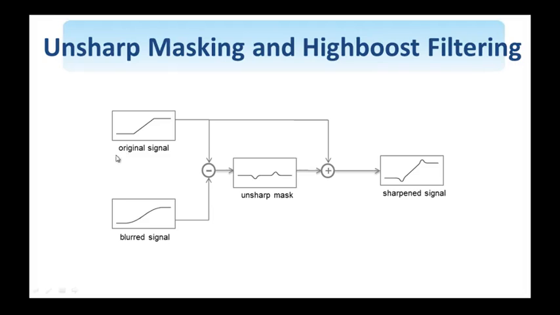So given an original image here, or original signal, we blur it, and this blurred version is the unsharp version of the signal. Subtracting it from the original image gives rise to the unsharp mask. Then this unsharp mask is added to the original image, resulting in the sharpened signal.